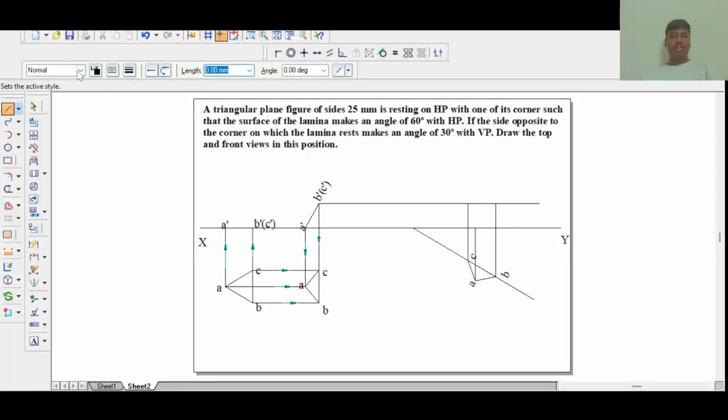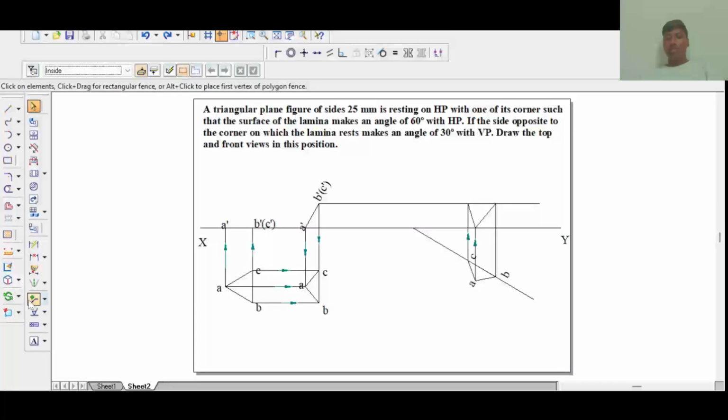Then next take a visible line, and draw the inclined projection of the triangle, and then leader lines. Do not draw any leader lines inside the lamina.